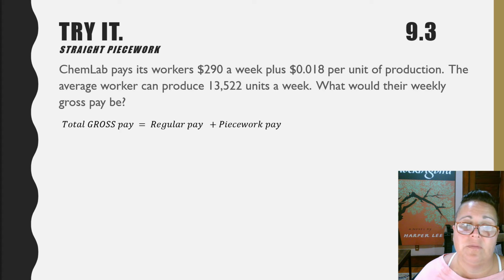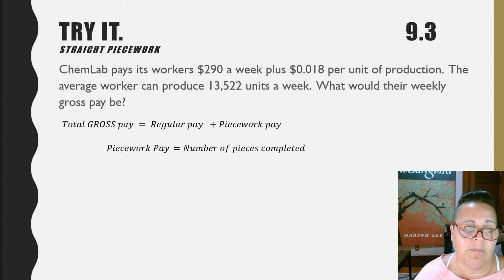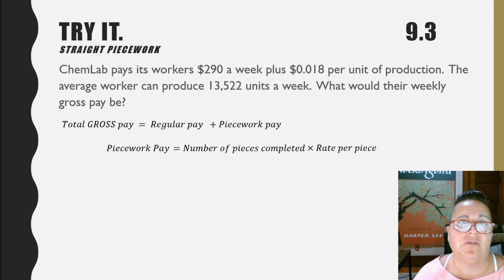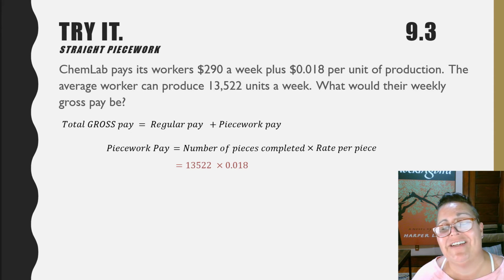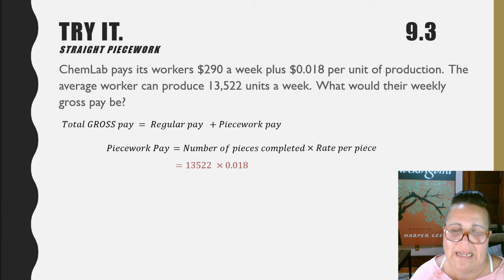Their weekly gross pay would be their regular pay plus their piecework. To calculate their piecework pay, we need to know the number of pieces they completed, and we multiply that by the rate per piece. In this case, it's pretty straightforward. They completed 13,522 pieces, and they got 0.018 of a dollar per piece, so 1.8 cents.